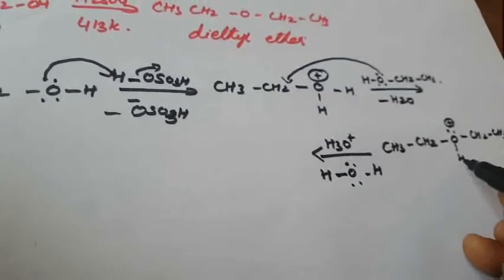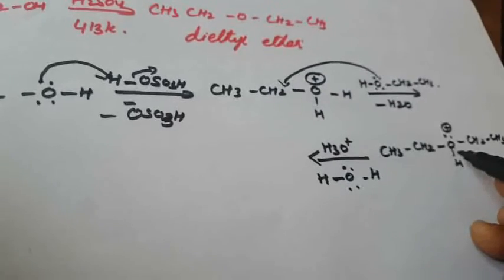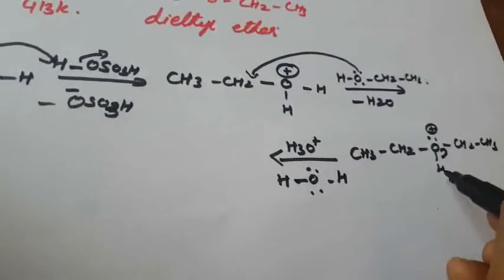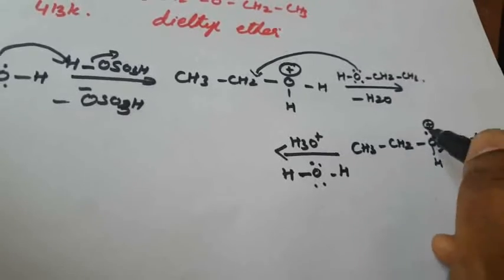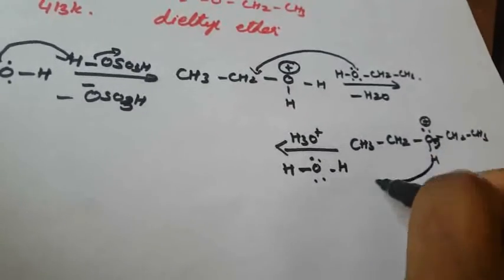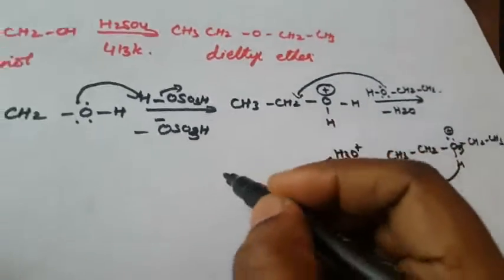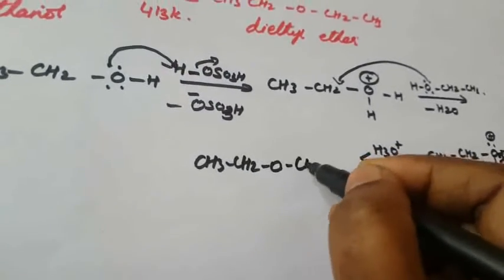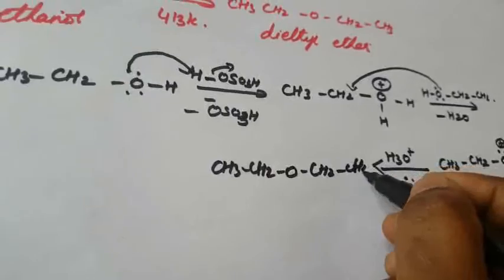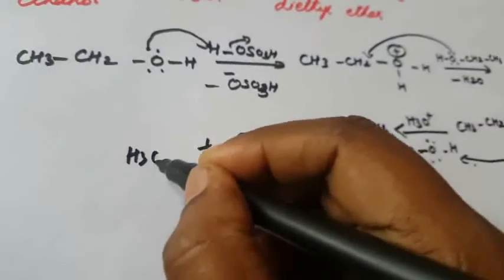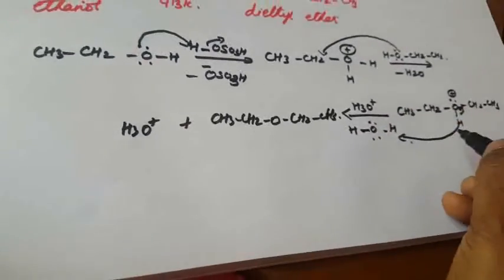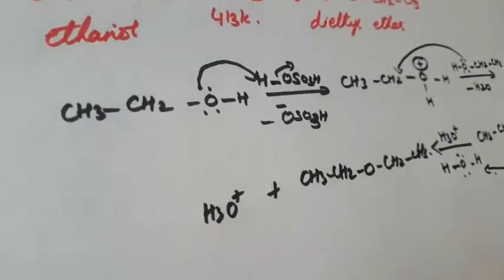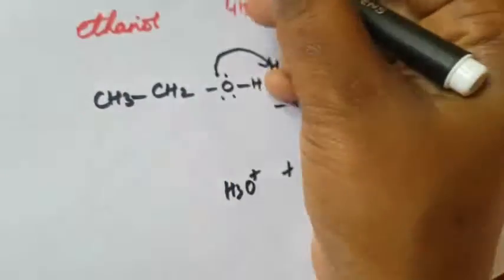Okay, this hydrogen bond will come to this one. So this positive charge will be removed. This hydrogen is coming to this compound. So that is CH3CH2OCH2CH3. Okay, then H3O plus. So that is H2O, and the hydrogen ion is attached to that one. So this is called the mechanism of the intermolecular dehydration.